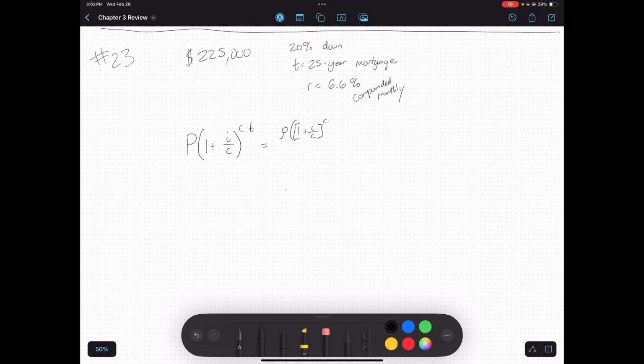I just represents the interest rate. And C, it just represents the number of times it's being compounded. C for compounded, I guess, and I for interest rate. So all they're doing is switching up the variables, but it's the same exact formula. I'm still going to be putting 0.066 in for I. I'm still going to be putting 12 in for C.